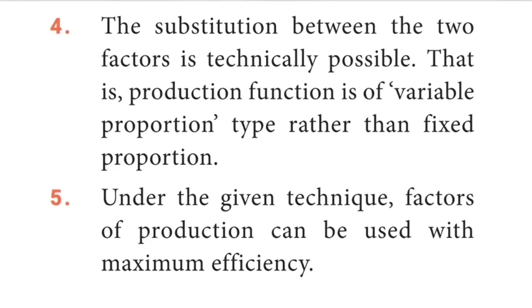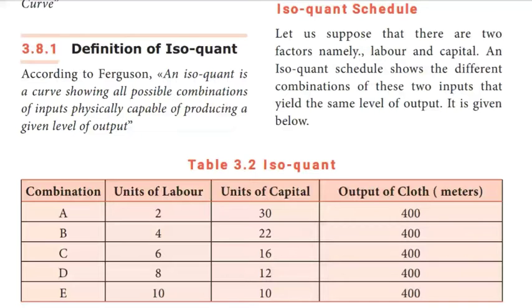Fourth, the substitution between the two factors is technically possible. That is, the production function is of variable proportion type rather than fixed proportion. Fifth, under the given techniques, factors of production can be used with maximum efficiency. Isoquant schedule. Let us suppose that there are two factors, namely labor and capital.